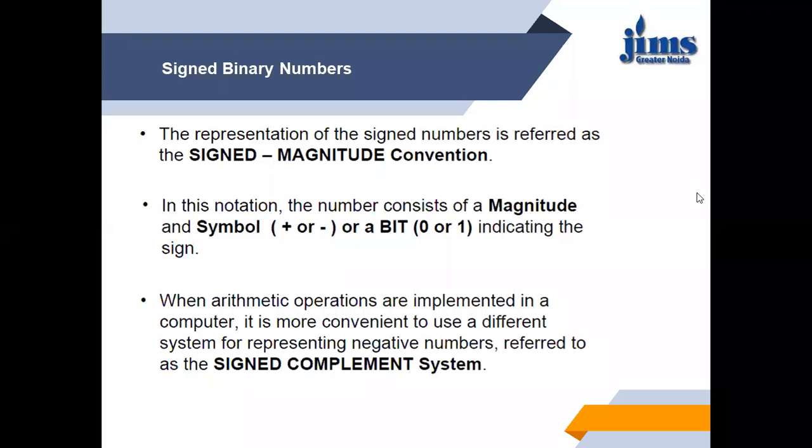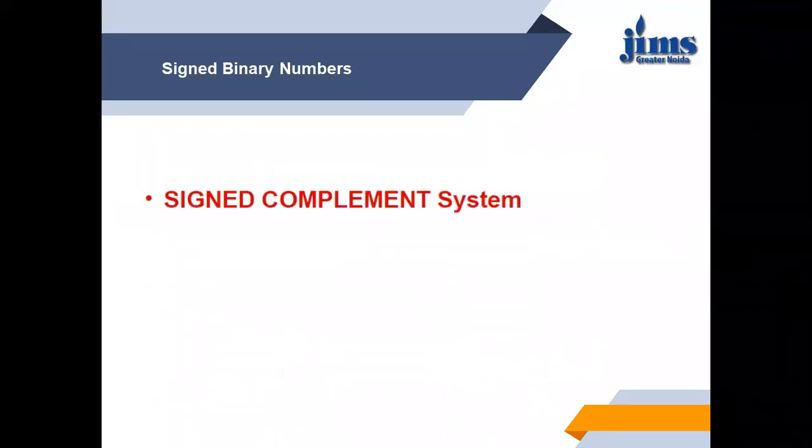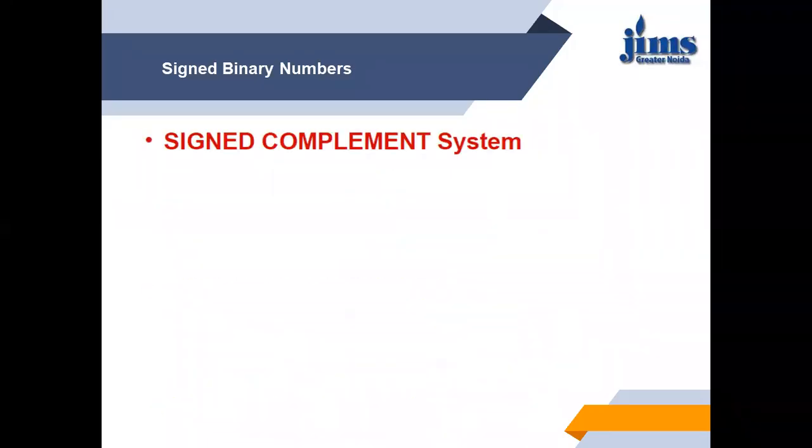Now there is another way to represent numbers in your computer, with complements. We have studied that there are two types of complements. In case of binary, it is either 2's complement or 1's complement. So we can represent positive and negative numbers with the help of complements also. Now the signed complement system we are going to discuss here.